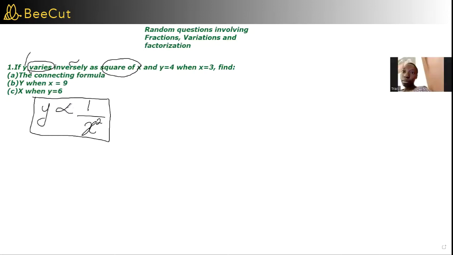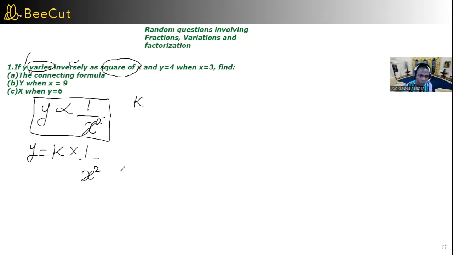Now, this sign that you see here, is it an equation sign? No. So we have to introduce the equation sign. But the moment you introduce the equation sign into variation, you introduce a constant alone. The constant here is letter K. Then it becomes y equal to constant times what we have there.